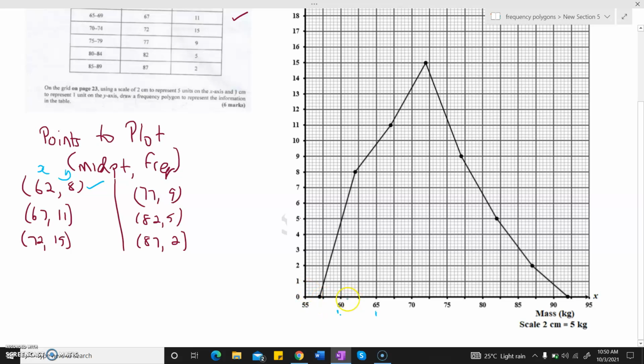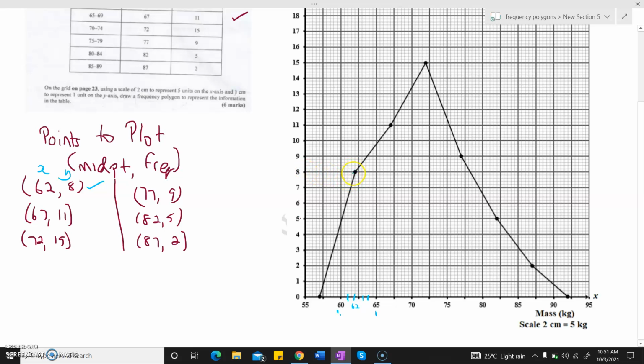That means every 2 lines, so after the 60, 1, 2, this is 61. Then 2 lines after that, 1, 2, this is 62, right? And you can just keep on going: 1, 2, here will be 63, 1, 2, 64, and then you reach the 65. So that's how they got this point here. The 62 is here, and then you go up straight to meet the 8 on the y-axis, and that's how we got the first point.